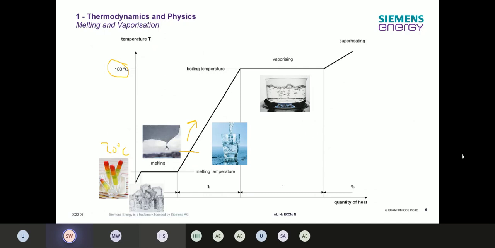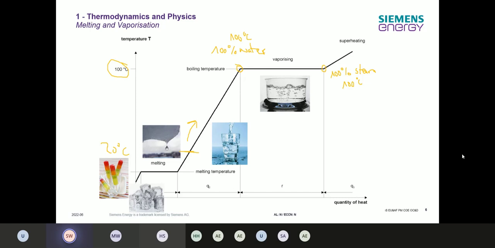So this point over here, 100% water, and on this point over here, 100% steam at 100 degrees Celsius, and over here also 100 degrees Celsius.